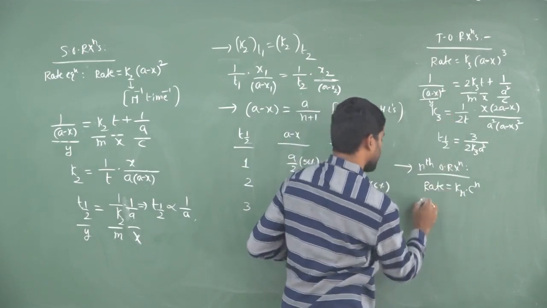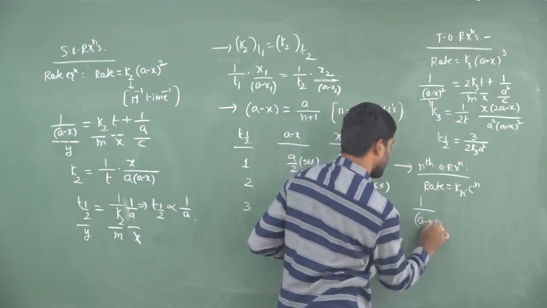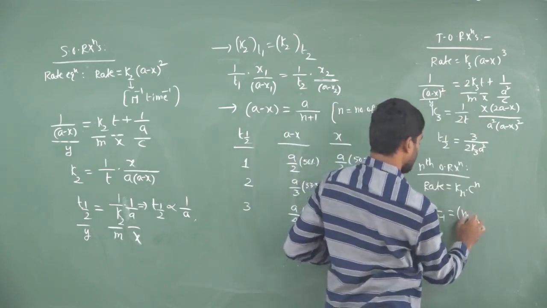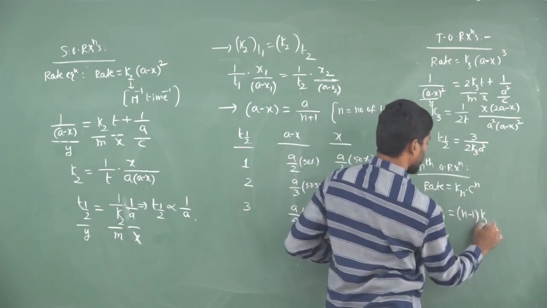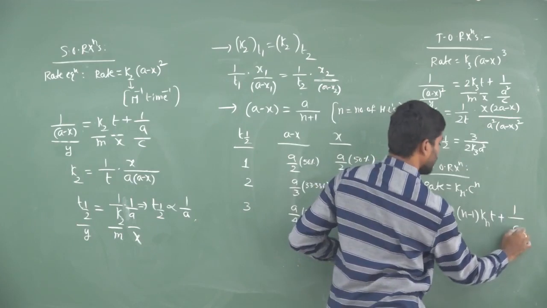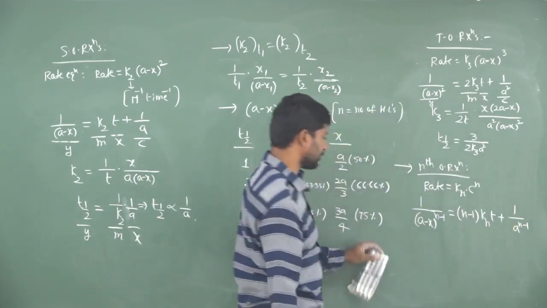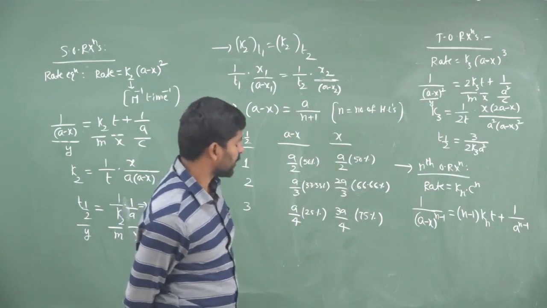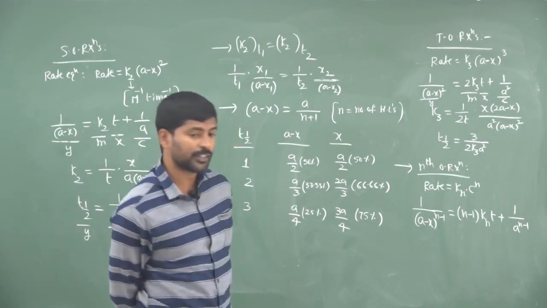Next, the relation between a minus x and t: 1 by (a minus x) whole power n minus 1 is equal to (n minus 1) into Kn t plus 1 by a power n minus 1. That is the relation between a minus x versus t.